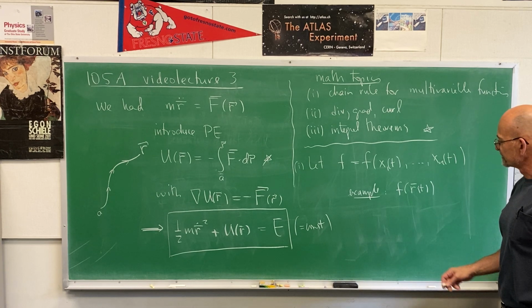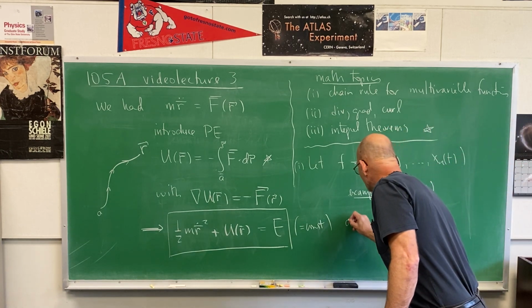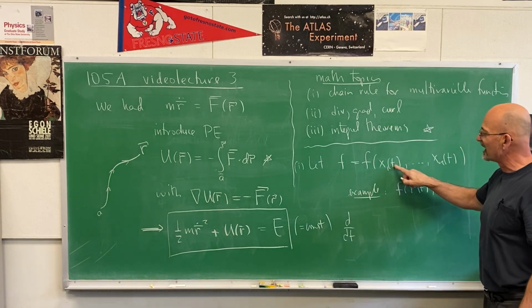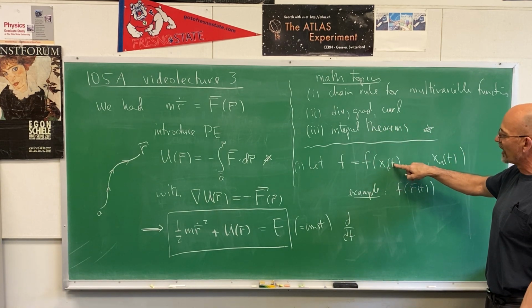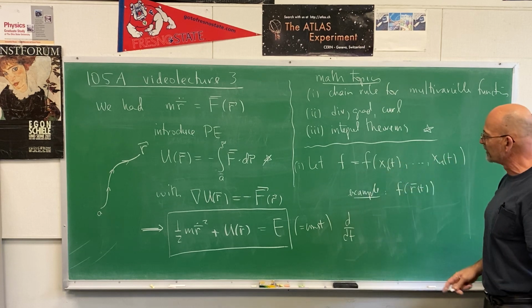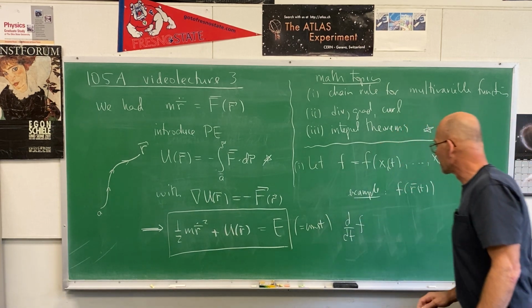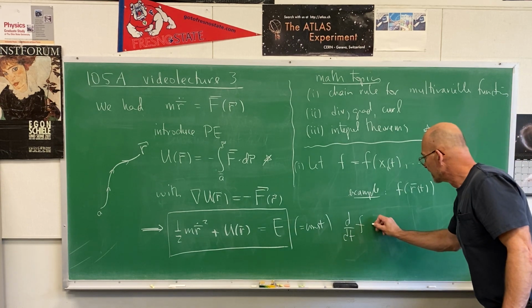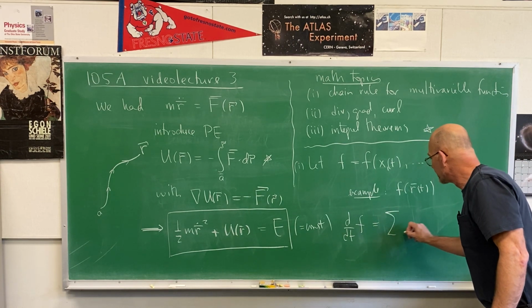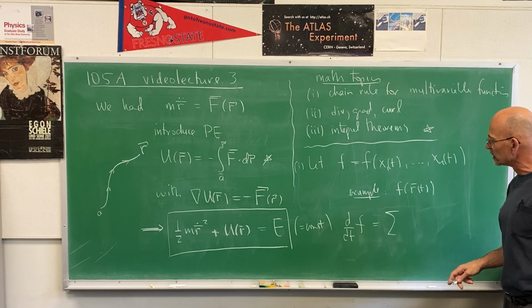So if we want to take the time derivative, and this doesn't have to be time, it's just a parameter, but since we're doing physics we'll use time often. What is this time derivative? It is the sum of all of the individual chain rules.